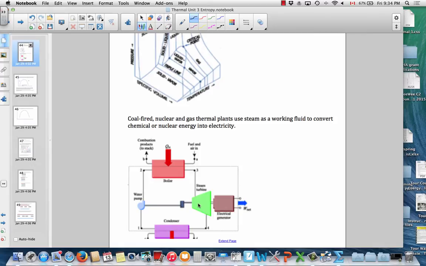It then pushes on turbine blades and makes electricity, and then it's condensed back to water. So, in very rough terms, you pump up the water pressure, you convert it to steam. The steam pushes on the turbine blades, makes electricity, then the steam's condensed back to water. Those are the four components of thermal power.